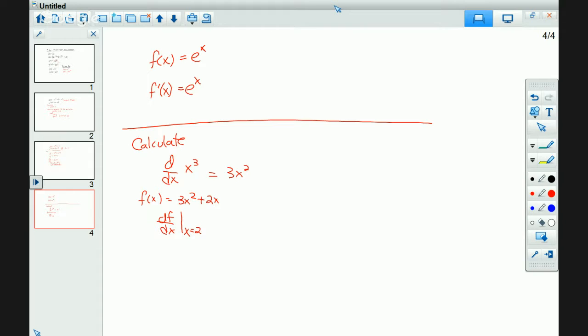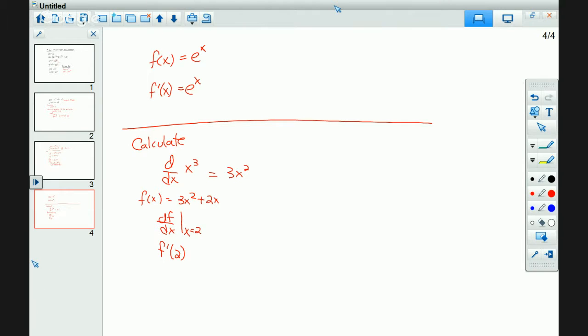This is saying the same thing as find f prime at 2. Those are the same thing. This bar means evaluated at 2. They mean the same thing. So be aware of that notational difference.